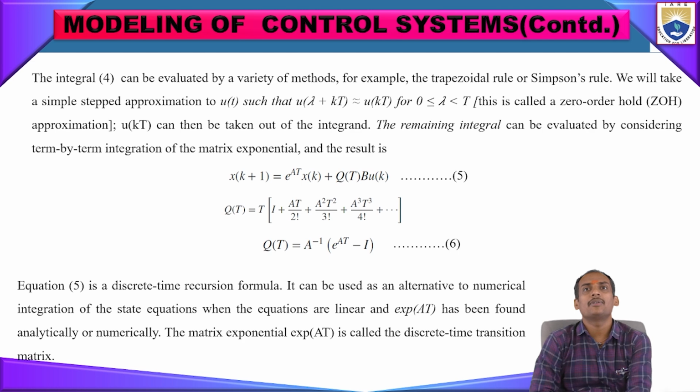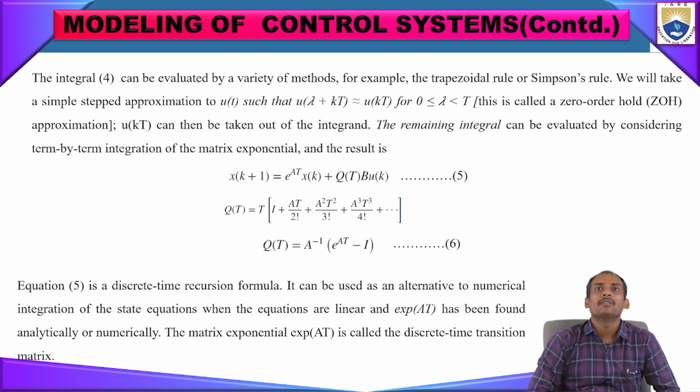The integral equation can be solved using a variety of methods, like the trapezoidal rule or Simpson's rule. We will see the simple stepped approximation for solving u of t. If the change in t, lambda plus kT, is very small, then it will be almost equal to u of kT only, that means lambda is changing from 0 to T only.